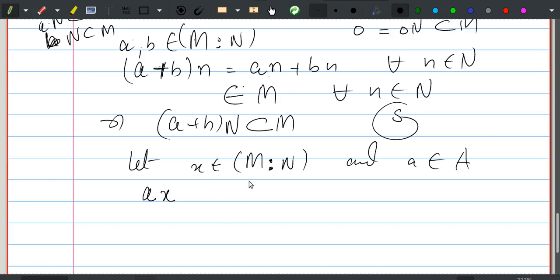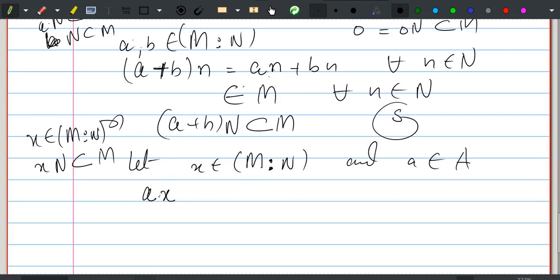Now x being an element of M colon N, this would imply that x times N is a subset of M. So we have to check whether ax is an element here or not.